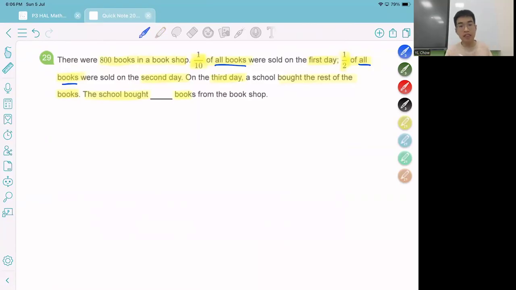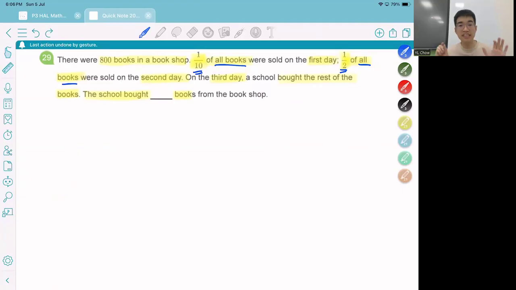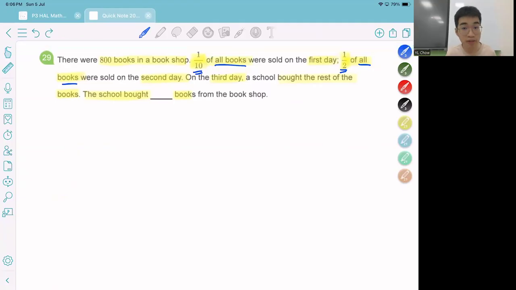So when we see a fraction word problem, we can always think of it using a bar model. But this time, I have two fractions, right? 1 over 10 and 1 over 2. So my question is, the moment you see two fractions, are they referring to the same total or not? Clearly it is, right? Because they said all books and then they said all books. So they are all coming from the same total, 800, which means I can represent these two fractions directly on the same bar model.